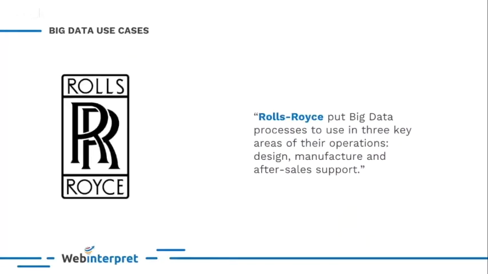Another one is Rolls-Royce, but it's not about cars, it's about the engines for airplanes they build, and they use big data in all areas of their operations. They put hardware in their engines which sends data to them and helps reduce maintenance costs. It's all automatic.